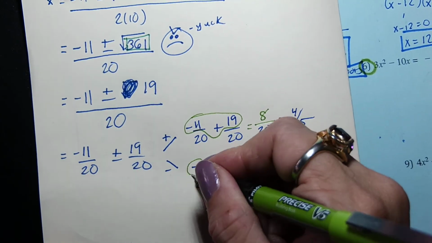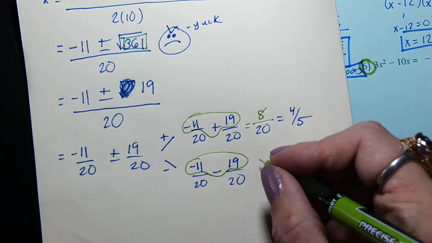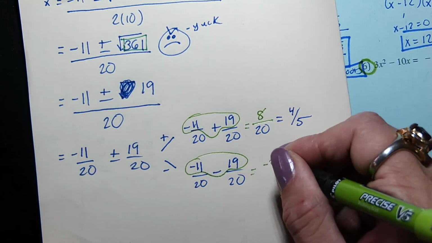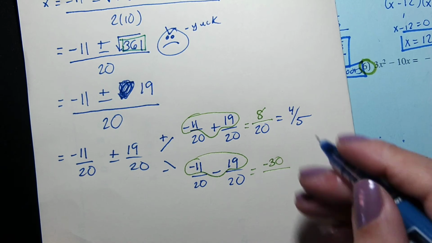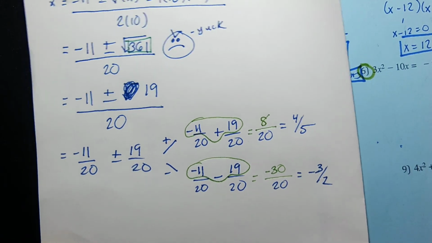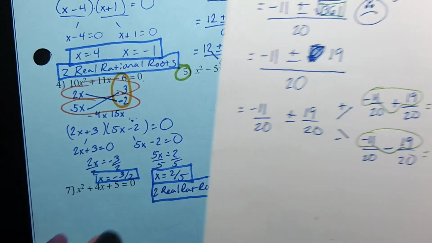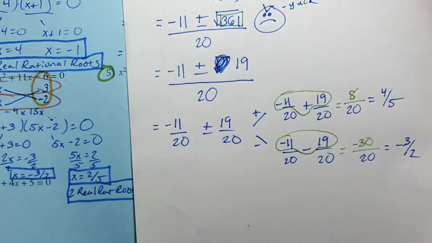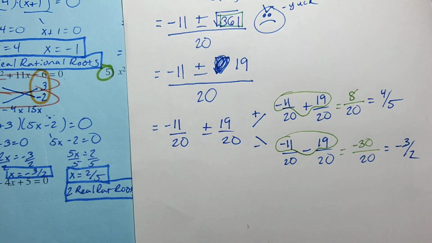And then this one, negative 11 minus 19, we'd get negative 30 over 20, which simplifies to be negative 3/2. Did we get the same answers? Ooh, girl, I made a mistake somewhere too.